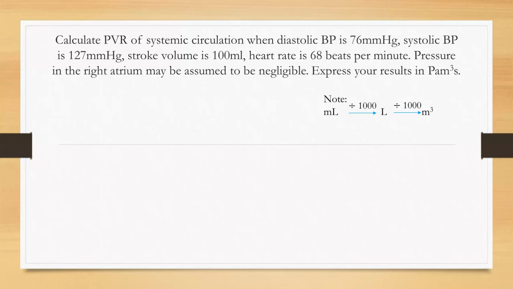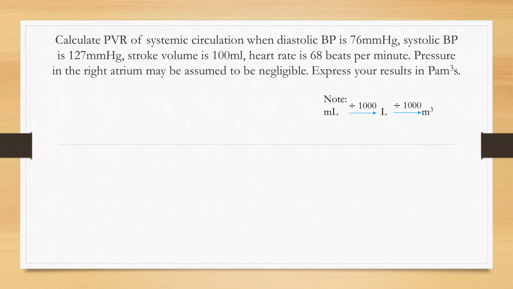So here we are given the stroke volume of 100 ml, which means the heart of this person is pumping out 100 ml of blood per beat. Heart rate is 68 beats per minute. Pressure in the right atrium can be assumed to be negligible.